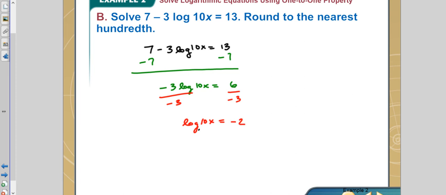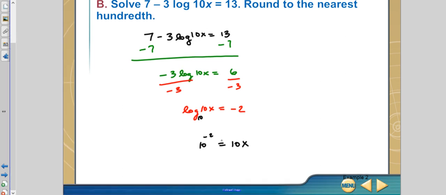And now I can rearrange this. The base is 10 here, so I'm going to say 10 to the power of negative 2 equals 10x. Now if you remember, 10 to the power of negative 2, that negative is going to take the reciprocal. So instead of being 10, it's going to become 1/10. And if you square it, that turns 10 into 100. So this is actually equal to 1 over 100 equals 10x.